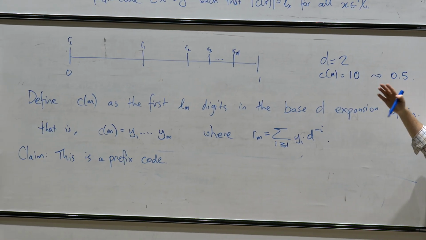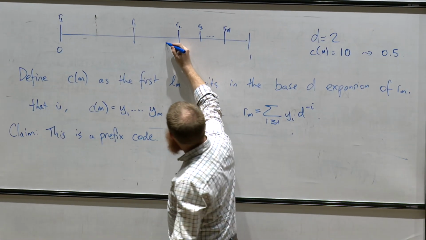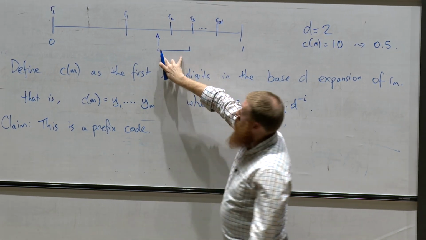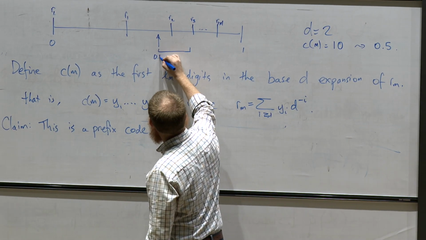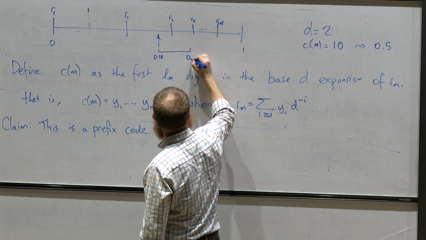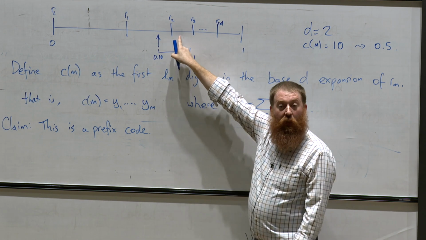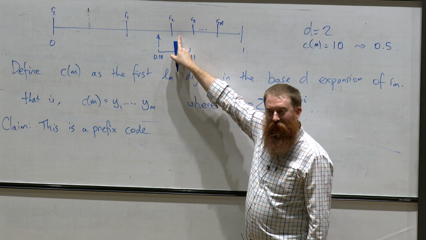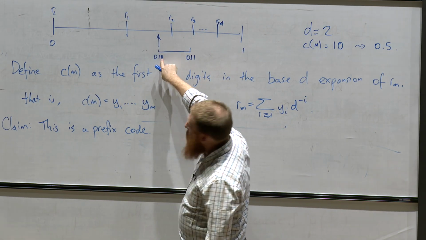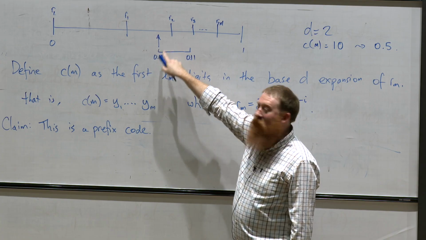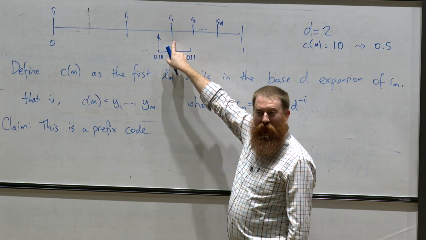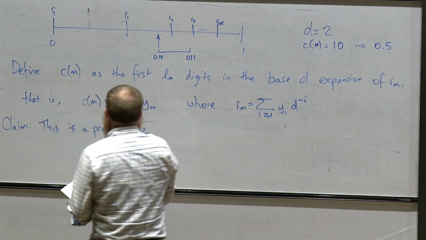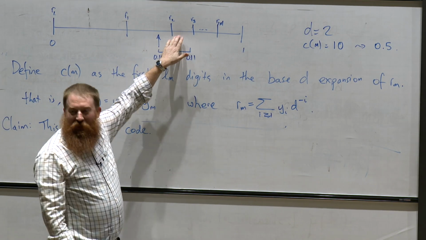The claim is that if I go out in that interval, which is from 0.10 to the next digit, 0.11, there's only going to be one code word in there. That's the graphical version of what we're doing here. So I know the R of the code word starts with 10, there's only one code word that does that, so I know I've got that code word. That's the picture. That means it has to be prefix, because there's no other code beginning with 10.